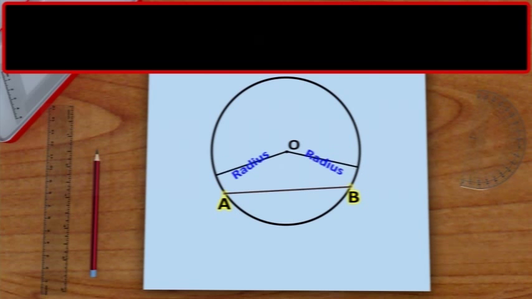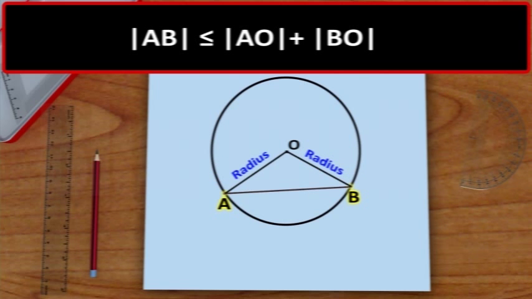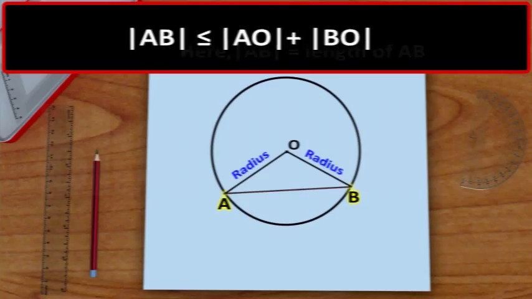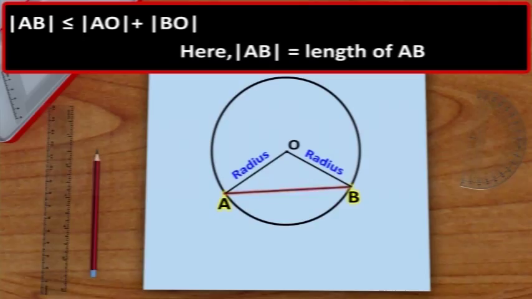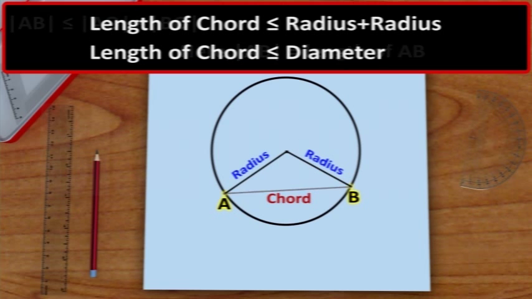So, AB is less than or equal to AO plus BO. Here, AB means the length of AB. Now the length of a diameter is twice the length of a radius, which is precisely equal to the quantity AO plus BO. Length of chord is less than or equal to radius plus radius. Length of chord is less than or equal to diameter.